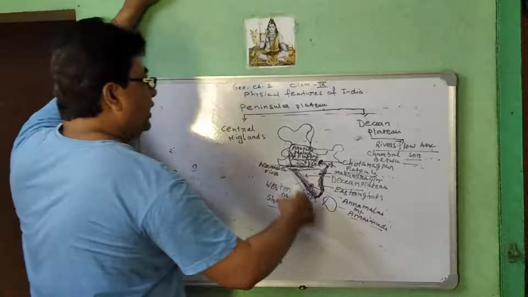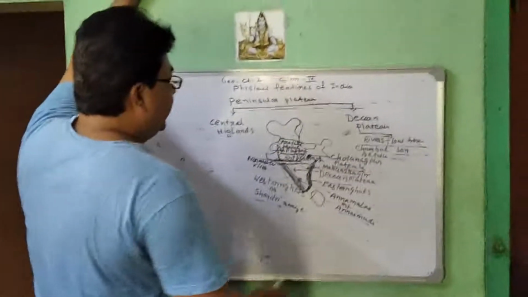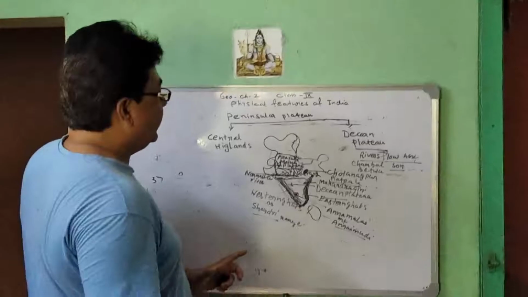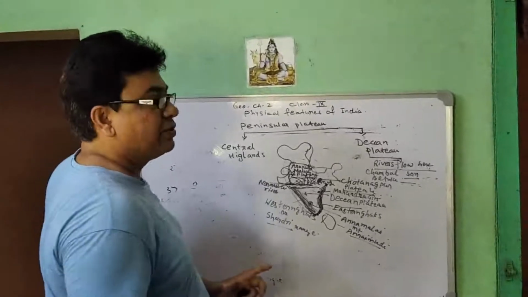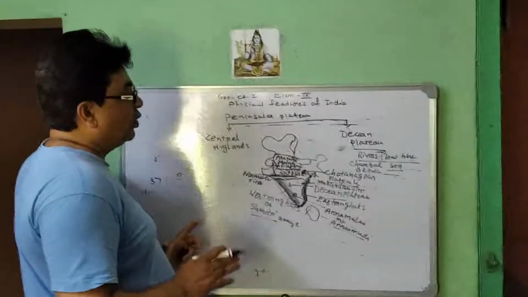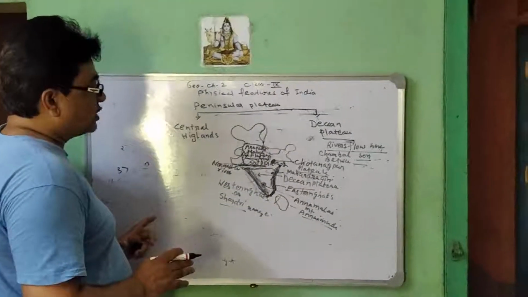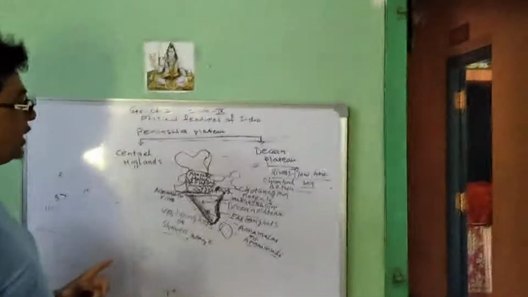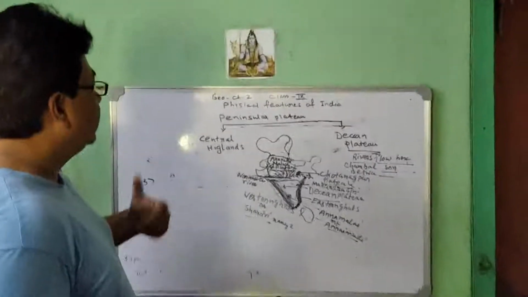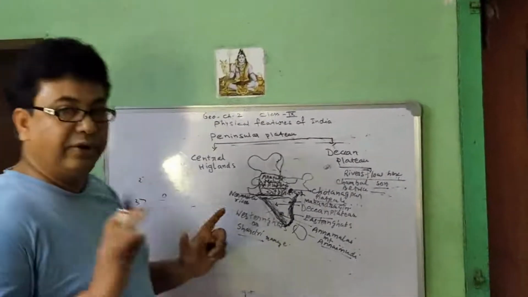Another part of the Indian peninsula is the Deccan plateau. It is located in the southern part of India, and here there are two chains of mountains, known as the Eastern Ghats and Western Ghats. So these are the features of the peninsular plateau of India.